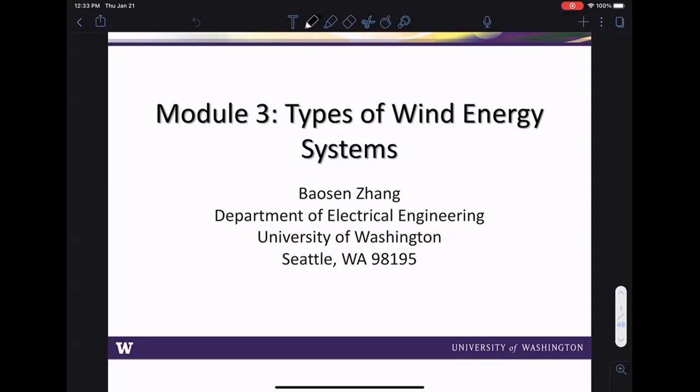So it's outside the class, but it's related to power energy. All of you should have gotten an email from me about the scholarships in power and energy. So please do apply for that. I know the last quarter we didn't have it, but this quarter we're restarting the scholarship program.